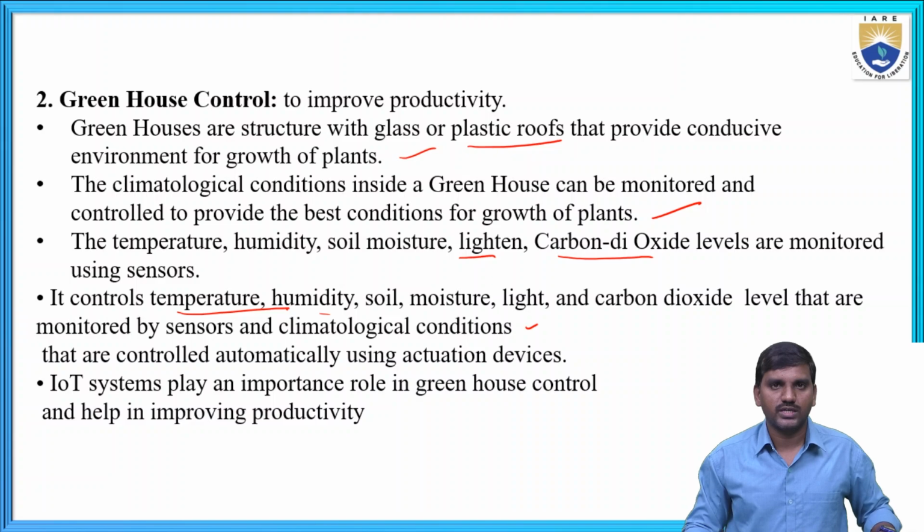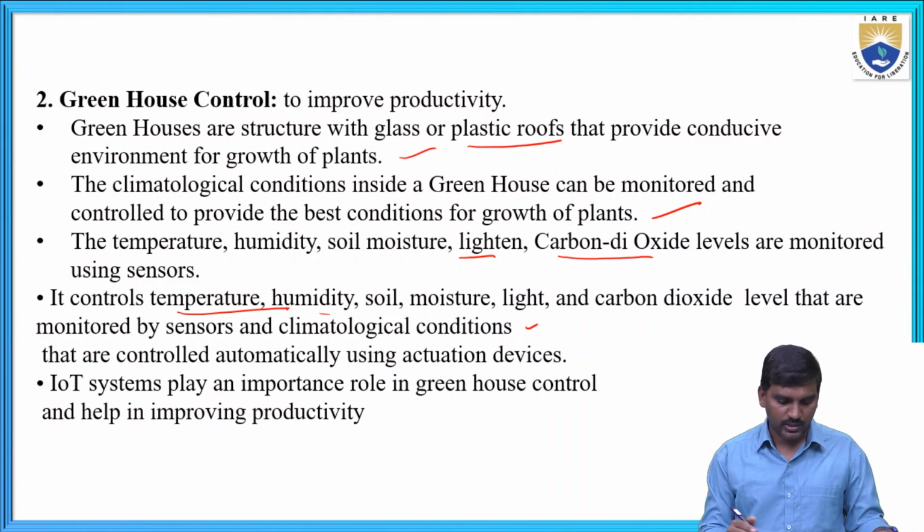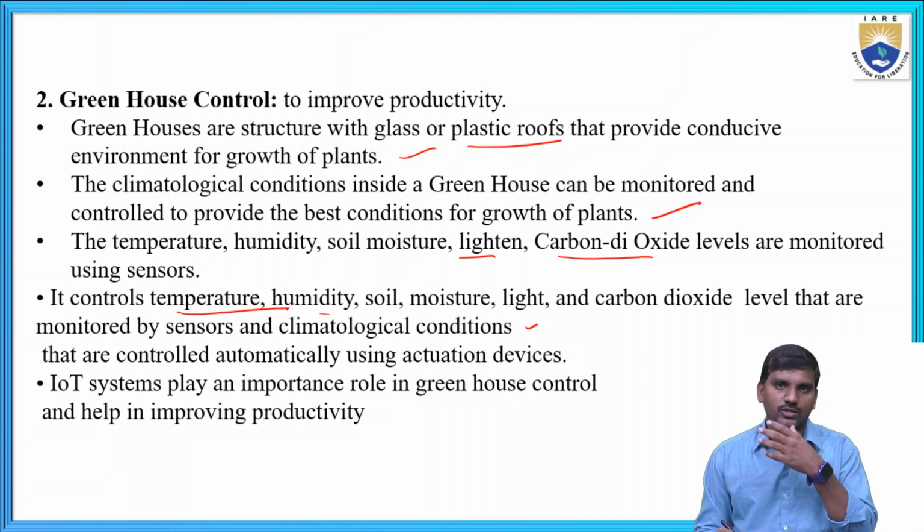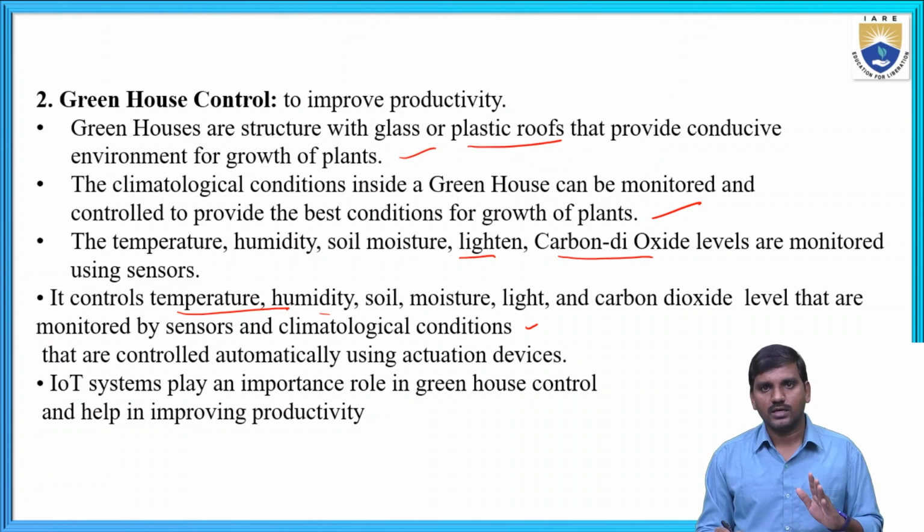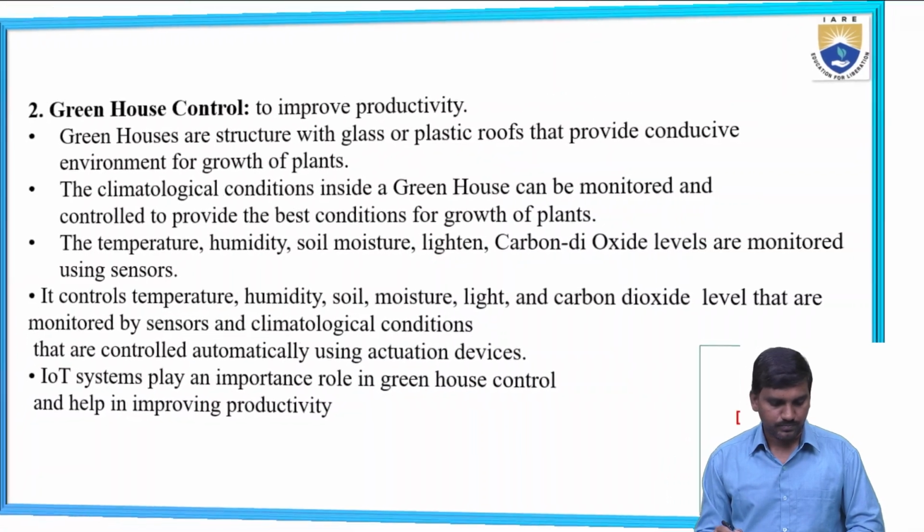So the last one, IoT systems play an important role in greenhouse control, helping in improving productivity. The main specification of the greenhouse controller is to improve productivity in the agriculture sector. That is the important term you have to remember.